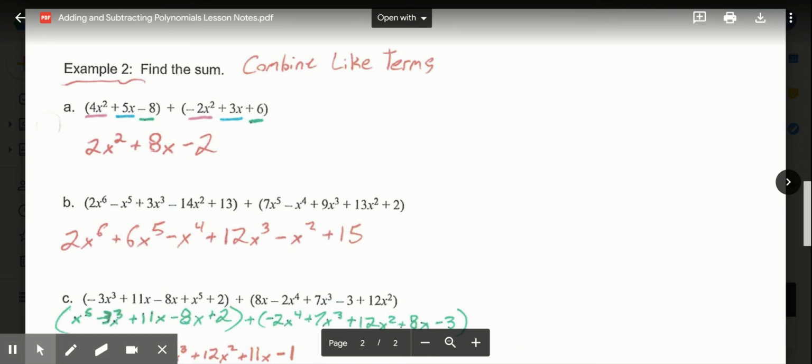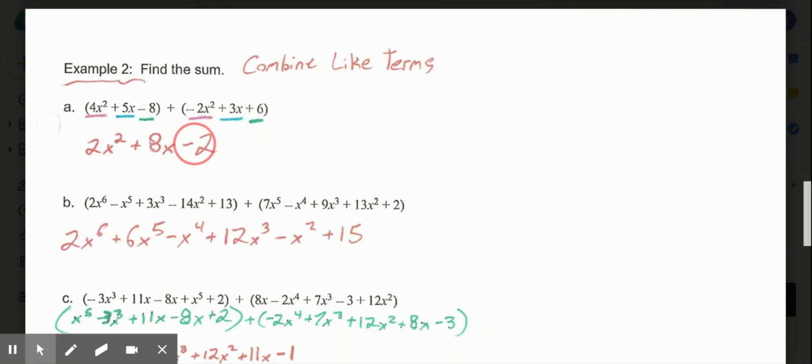So we look at our sign in between, addition. 4 plus -2 is 2, so 2x squared. A 5x and a positive 3x being added would give us 8x. And then a -8 plus a positive 6 would be a -2.